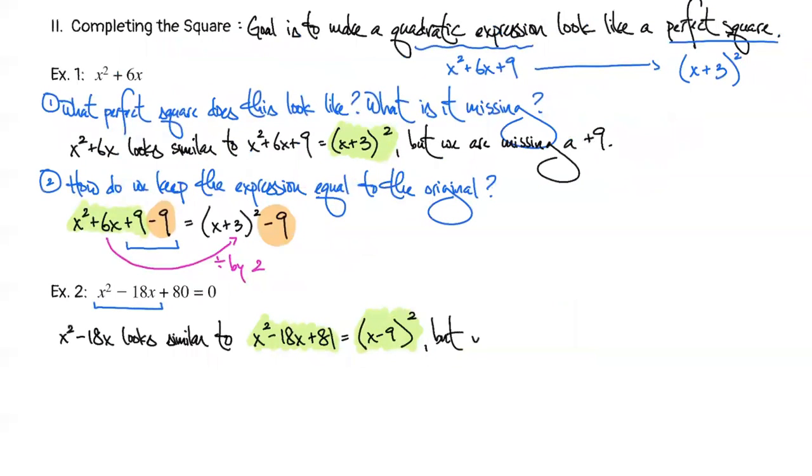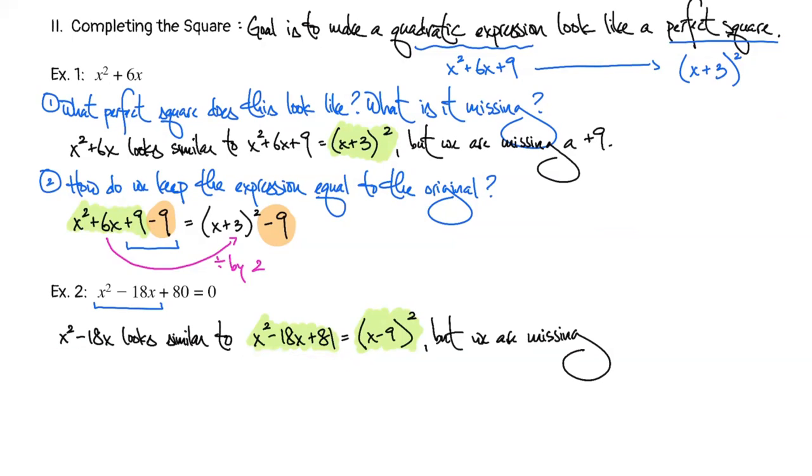But we are missing, what are we missing this time? We're not missing a plus 9. Plus 1. We're not missing a plus 1. I'm asking us to compare x squared minus 18x to this thing in the green.